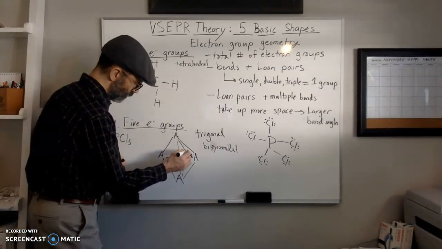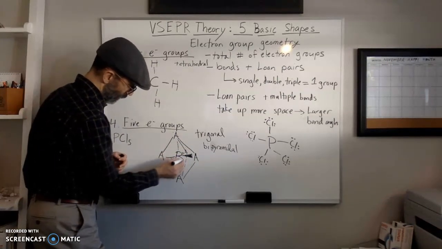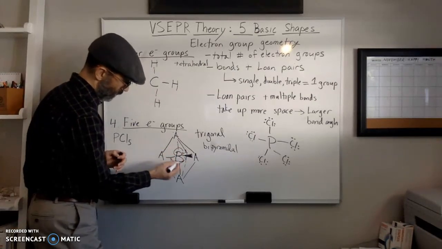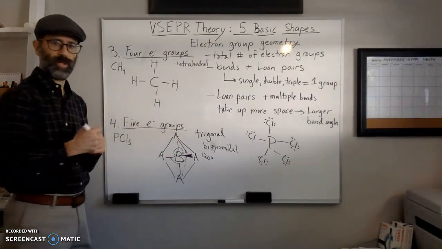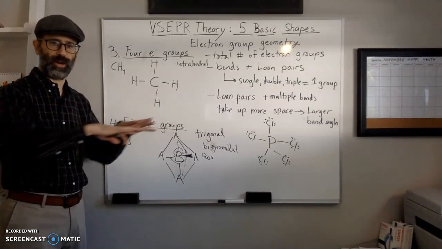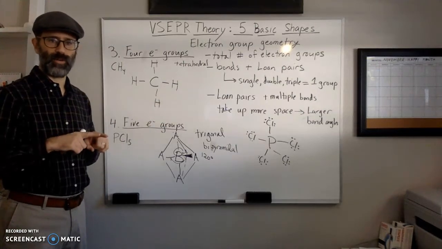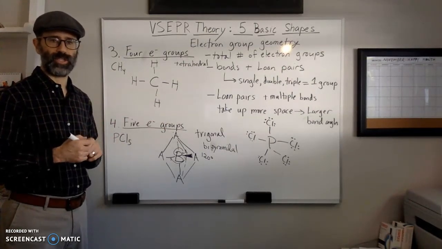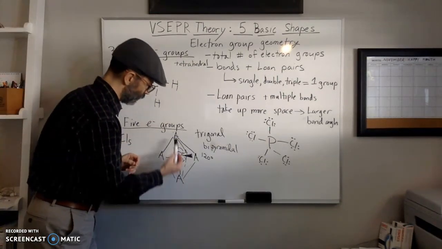So the angles between these 3, so the angle between here and here, and the angle between this one and this one, those are all going to be 120-degree angles because they are spreading equally around the equator. So they are getting as far apart from each other on the equator. And so the only way you could spread equally around a circle is to be 120 degrees away from each other.